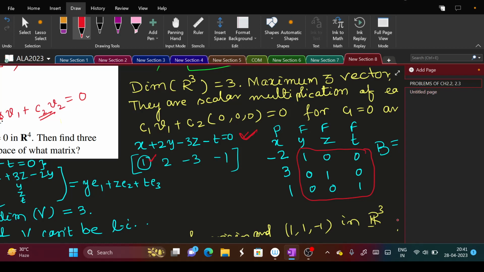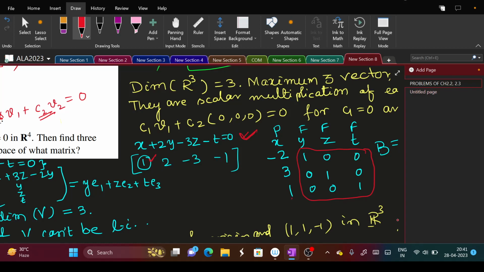When y is 1 and z and t are 0, it is -2. When z is 1 and the other two variables are 0, it is +3. And when t is 1 and the other two free variables are 0, it is 1. So I got my x values. That means I got my three complete vectors, which will constitute my basis.